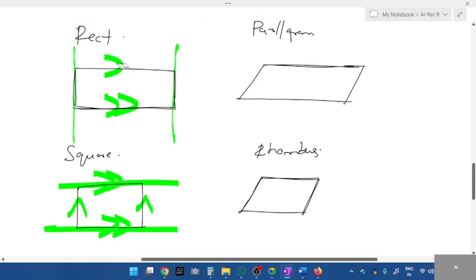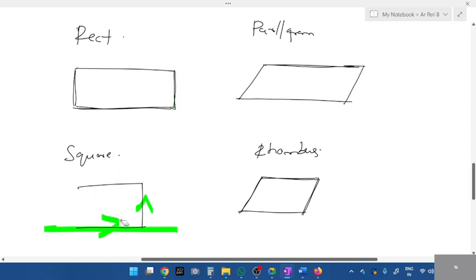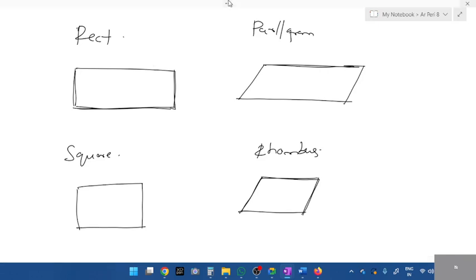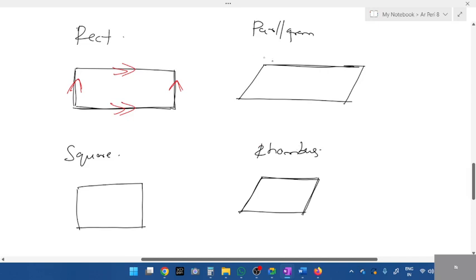Fine. Now tell me for rectangle, how many pairs of parallel lines are there? For rectangle, how many pairs? Two pairs. That is top and bottom is a parallel line. Top and bottom, parallel. What about left and right? Even they are parallel. Yeah, this symbol indicates parallel line, students. Direction. This symbol, have you all seen in the road?